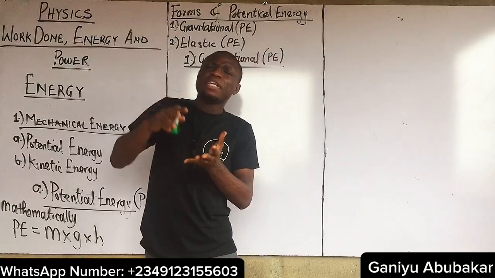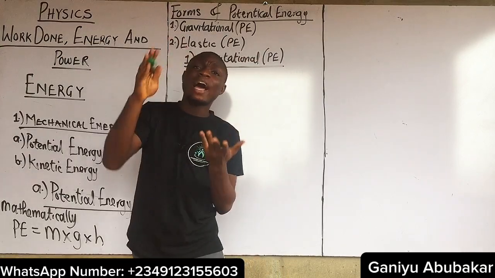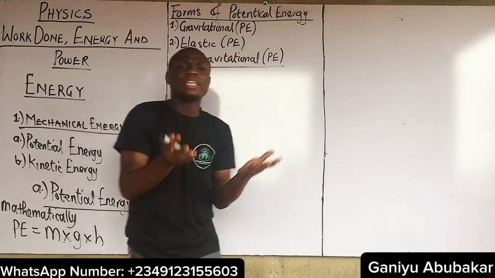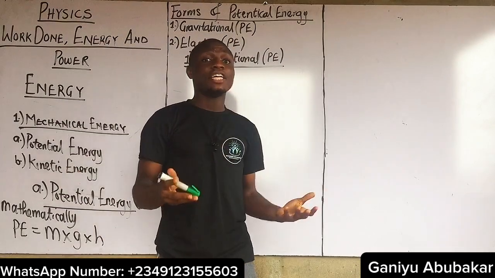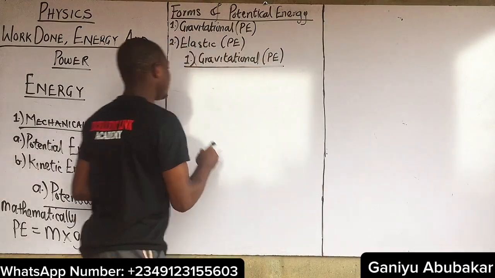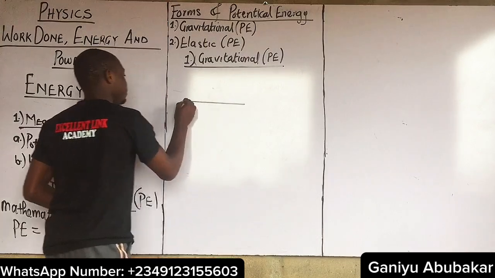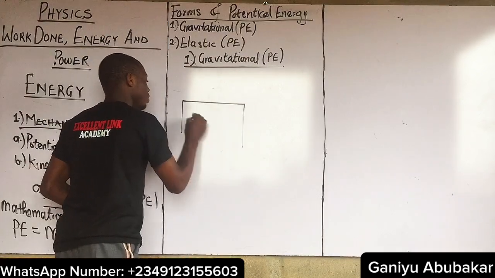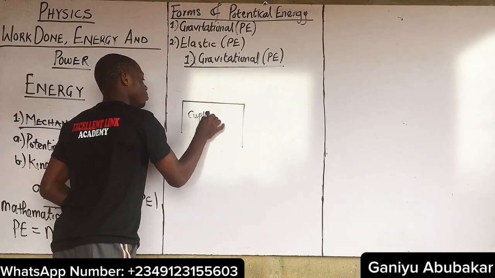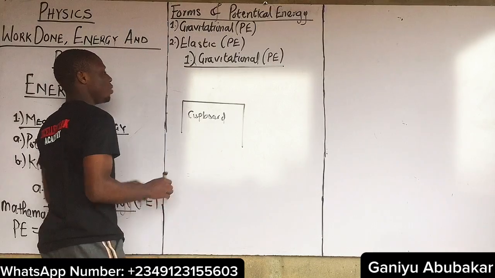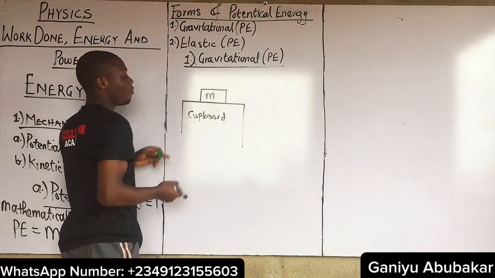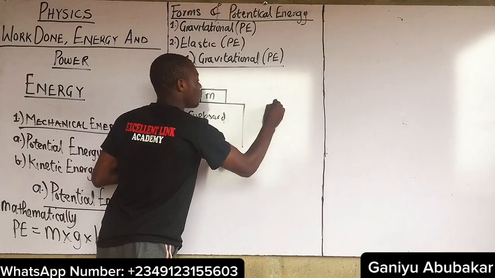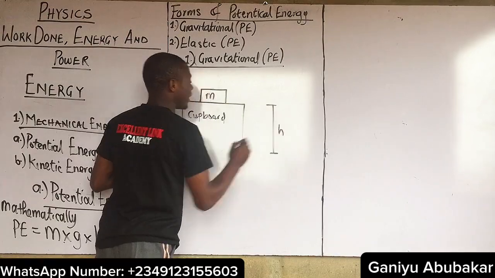So whenever a body is placed at a particular height, the kind of energy possessed is called the gravitational potential energy. Let's say I have a cupboard this way, and I have a particular object here, a mass. We know that from here to here is the entire height.